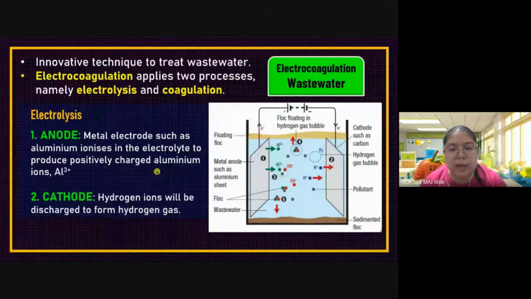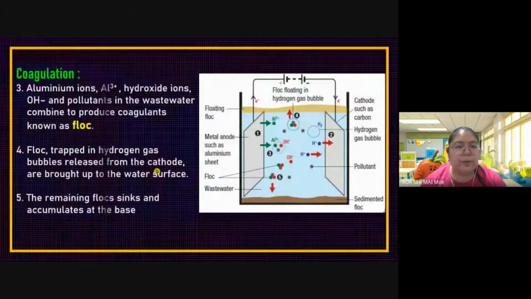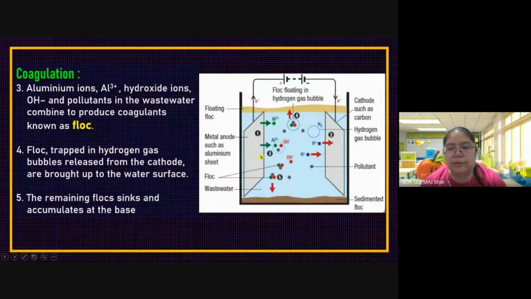Okay, then 3 until 5. You see what the process is? Okay, 3 until 5, the process is coagulation. Okay, number 3, you focus on this part. The aluminium and also the hydrogen will mix together with hydroxide ions.